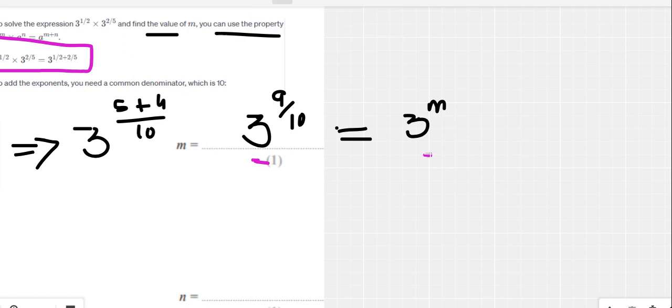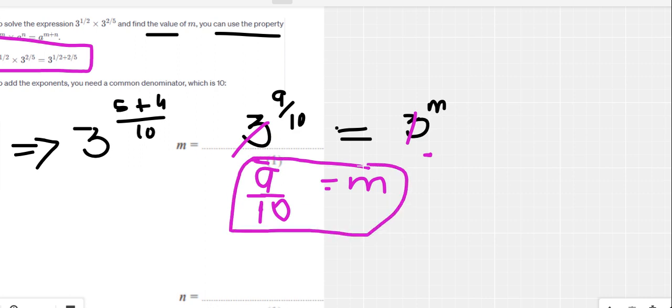So according to the rule, we will just cancel them because 3 divided by 3 is 1. We got 9 over 10 equals m. And this is our final answer.